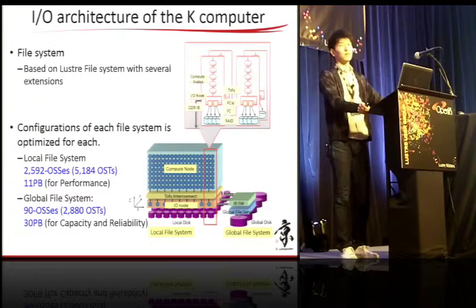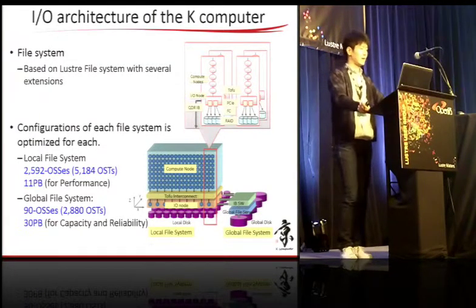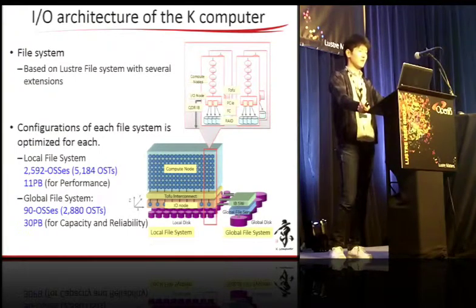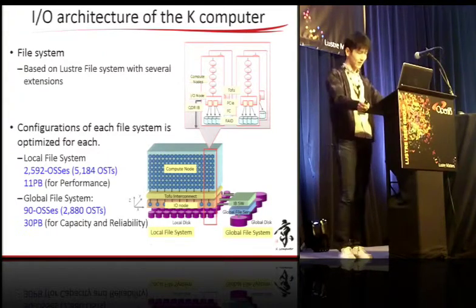Local file system consists of more than 2,000 OSSs for performance. Storage capacity is 11 petabytes. And global file system consists of 19 OSSs for capacity and reliability. Capacity is 30 petabytes.